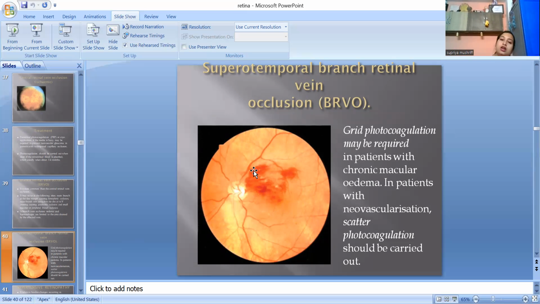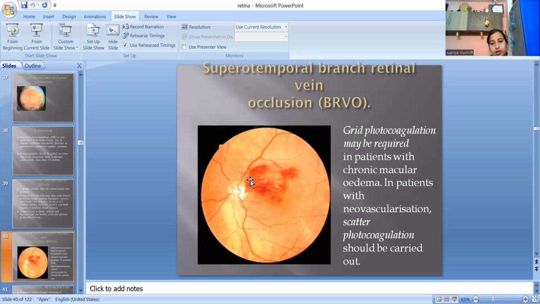So here a sector, again like branch artery occlusion, a sector will be involved and will have the features of CRVO. Not in all quadrants, it will involve one quadrant according to the vein involved. So it will also have superficial hemorrhages, and if it occurs in the temporal part, either infratemporal or supratemporal, as we all know, the macula is temporal to the disc.